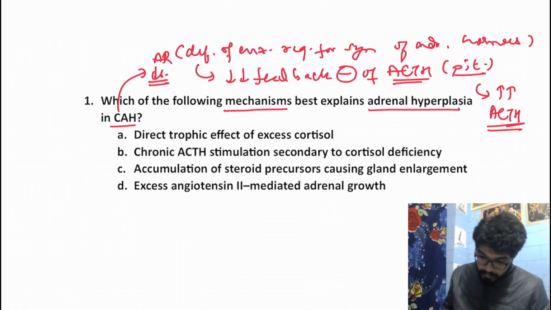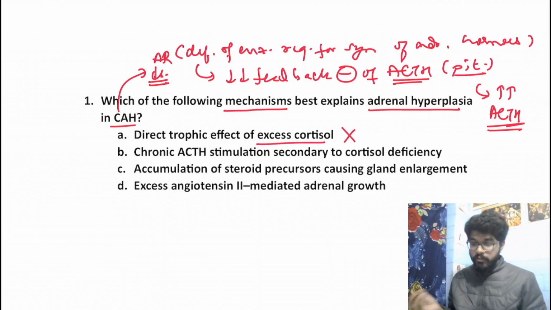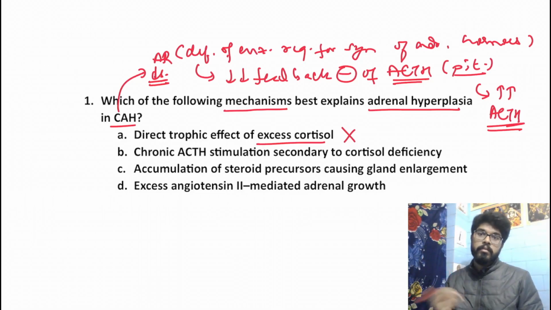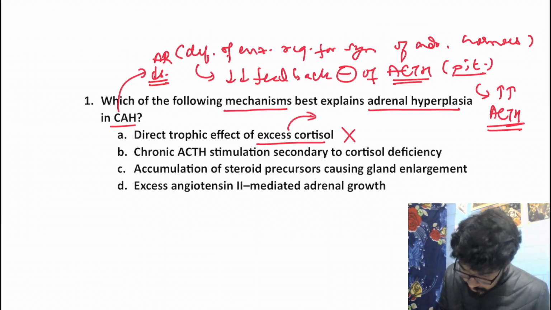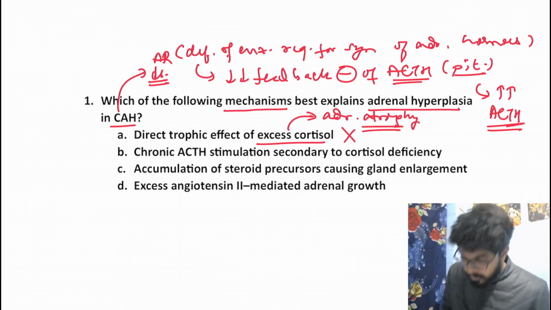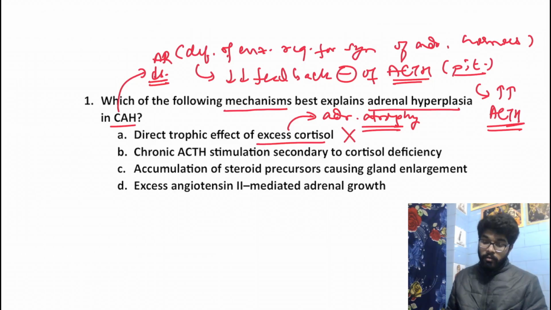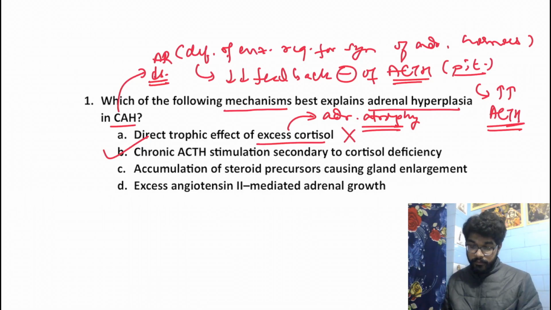Okay. So direct tropic effect of excess cortisol, no, this is a false statement. First of all, we do not have excess cortisol, we have reduced cortisol in CAH, right? And moreover, even if we have excess cortisol, it leads to adrenal atrophy and not hyperplasia. Chronic ACTH stimulation secondary to cortisol deficiency, yes, this is our correct answer.